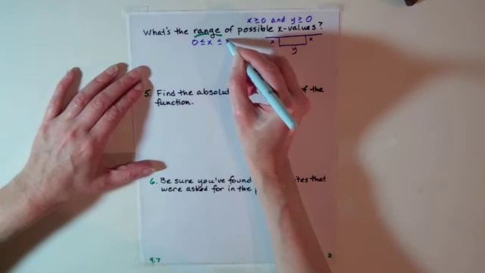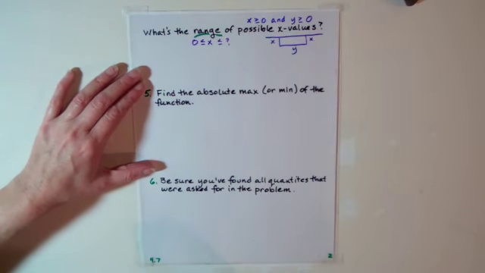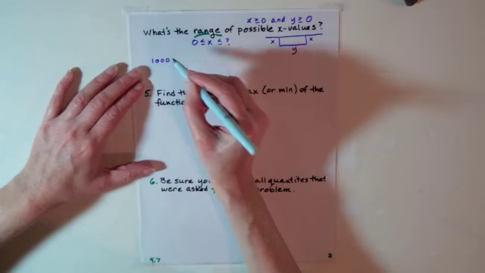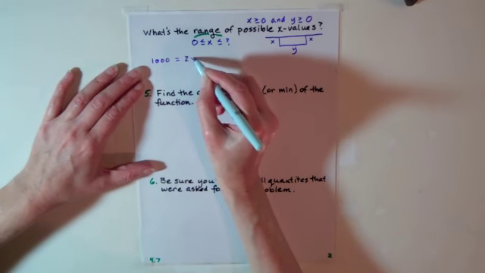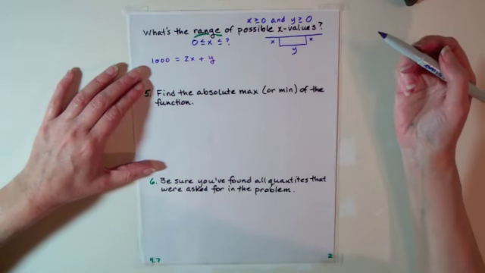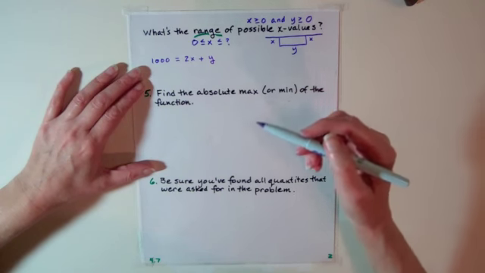But I'd also like to think, well, what's the biggest value x could have? And if you think about the constraint equation, remember that was 1,000 equals 2x plus y. X will be its largest when y is its smallest.